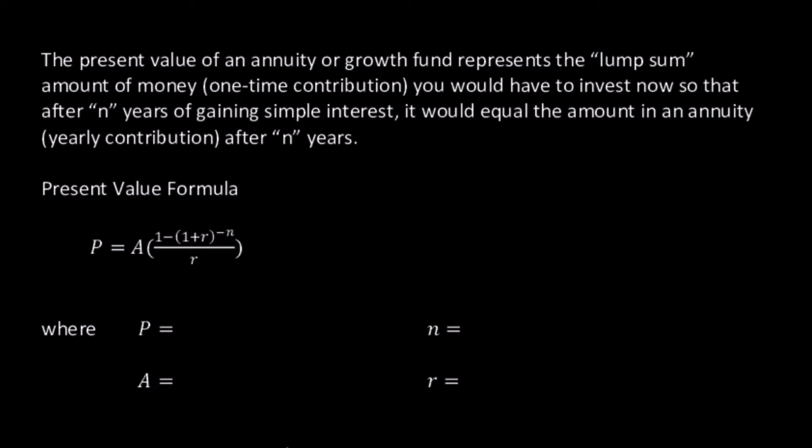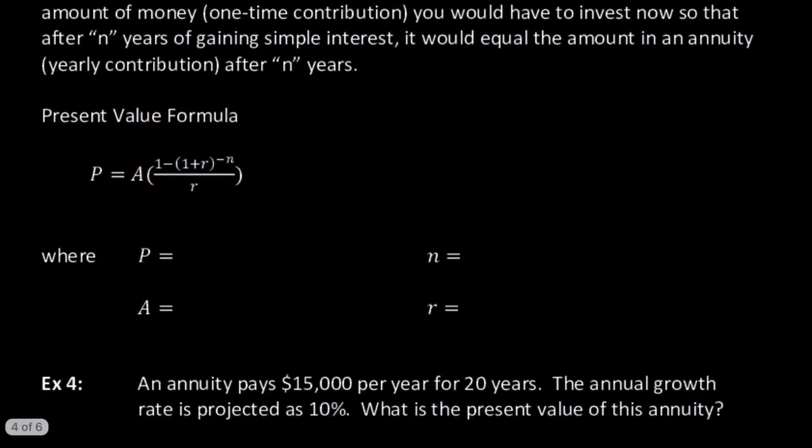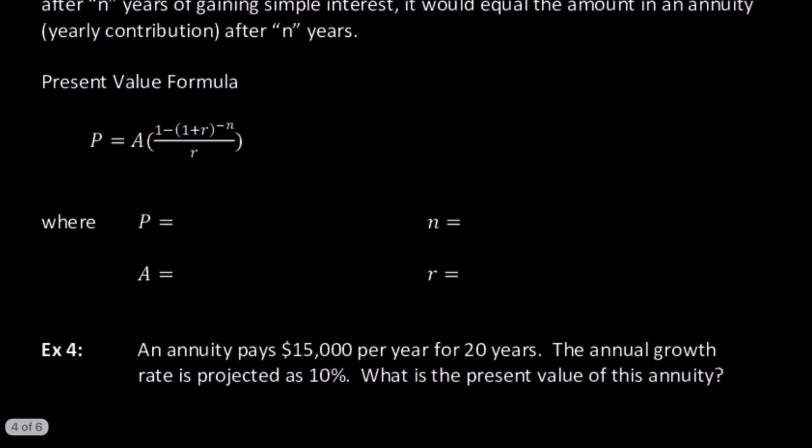So here's our present value formula. All right, notice it's got some similar parts. Obviously, A, that's going to be the amount that you would put in every year. I might as well write these out. So A equals the annuity payment. And again, that would be yearly.